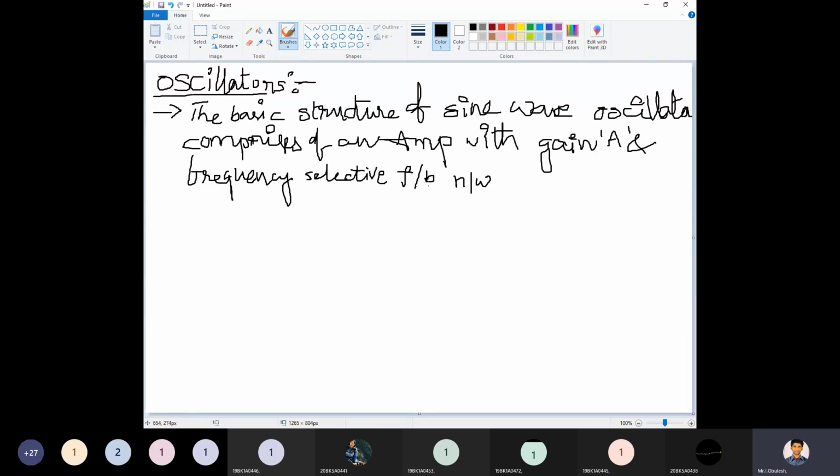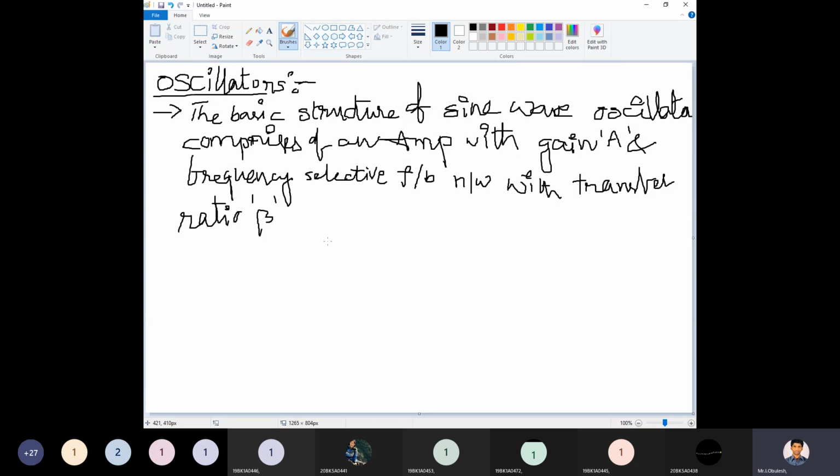Don't write F by B. Write feedback network with the transfer ratio beta.